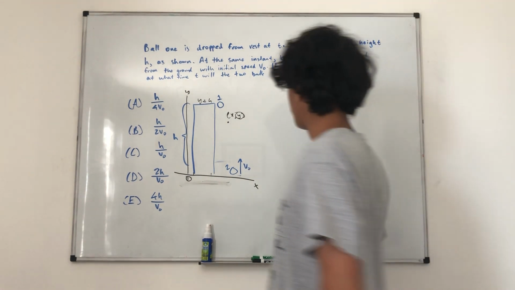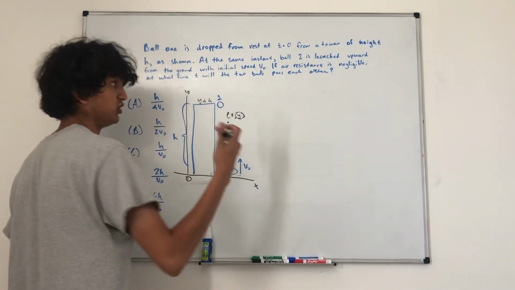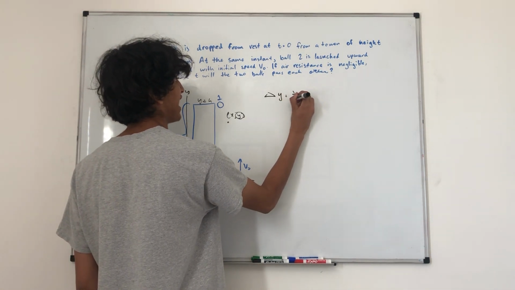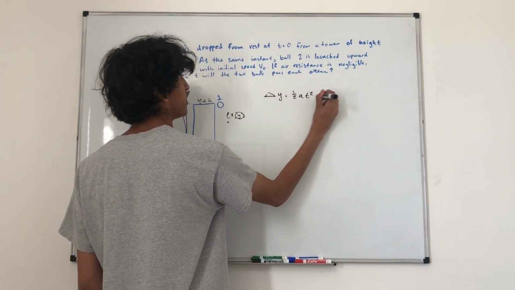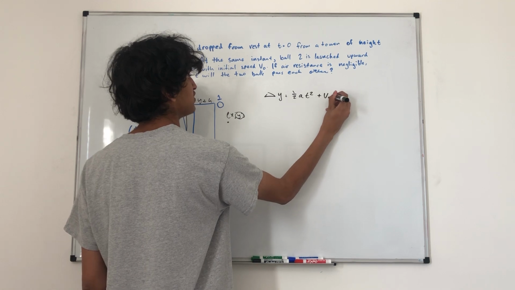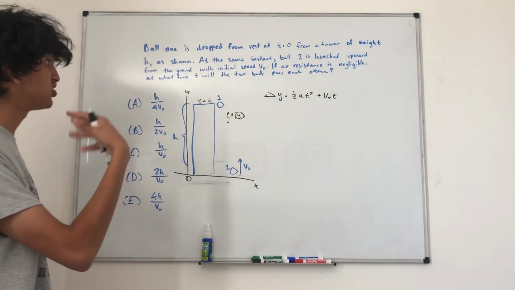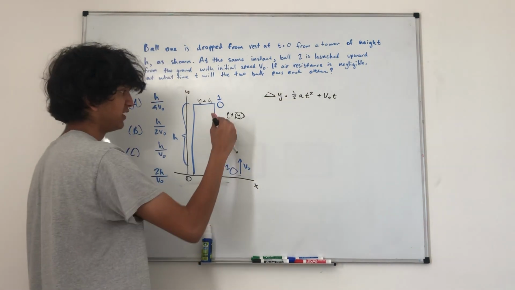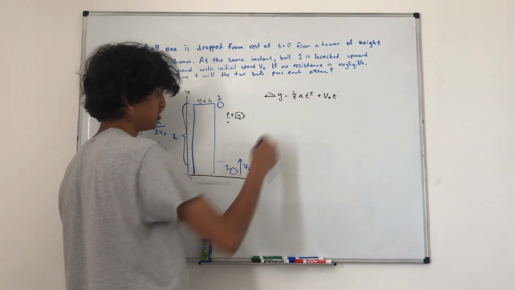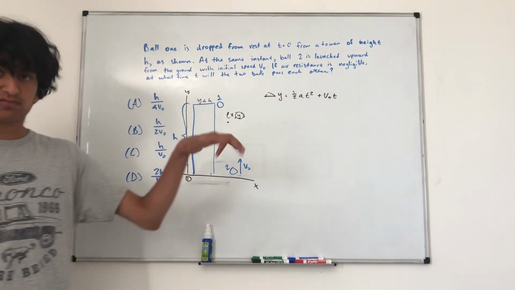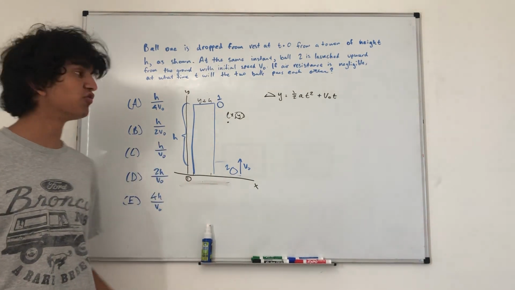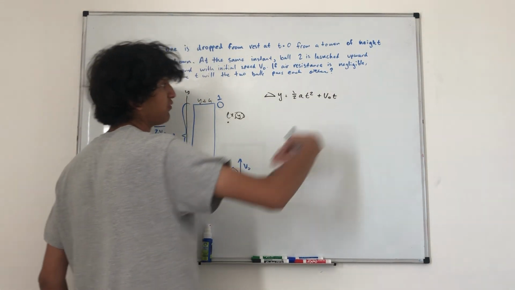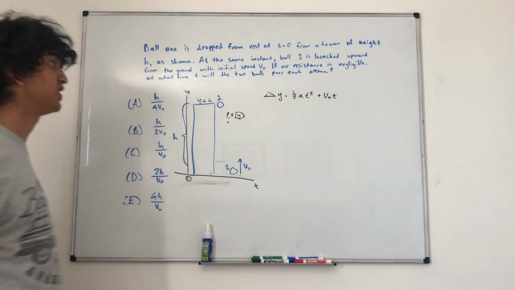For ball 2, we can use the kinematics equation: change in y equals 1/2 a t squared plus v naught times time. This equation jumped out to me first because I want to do stuff with displacement, I know the acceleration is always negative g, negative 9.8 meters per second squared in free fall, I want to figure out stuff with time, and I also have the initial velocity.